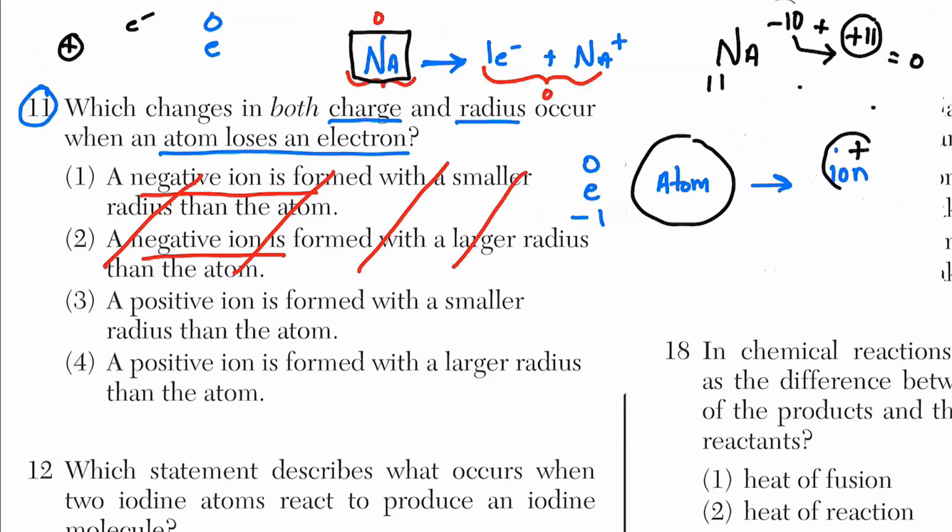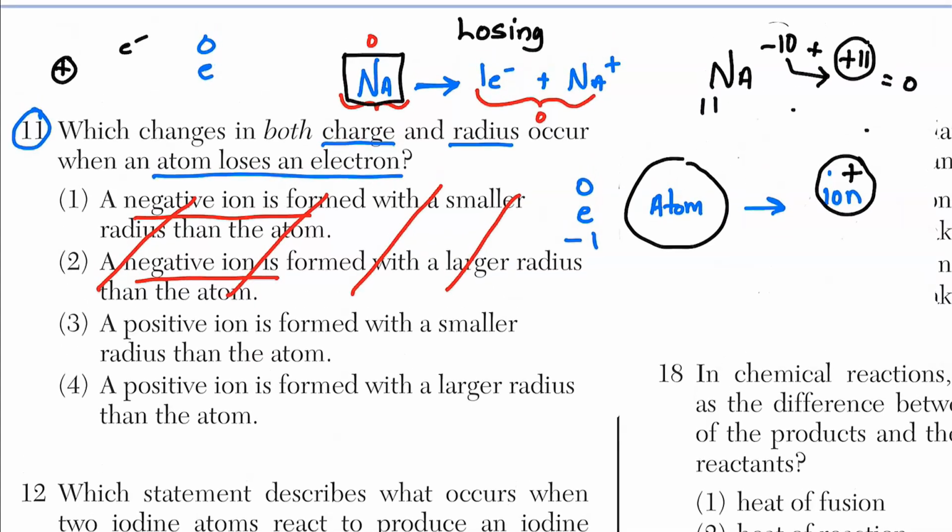A positive ion is always smaller than its atomic radius, because the protons outnumber the outside electrons and pull them in. If you don't like this, as a lot of students don't, here's the best way to remember this. I am losing electrons, okay?